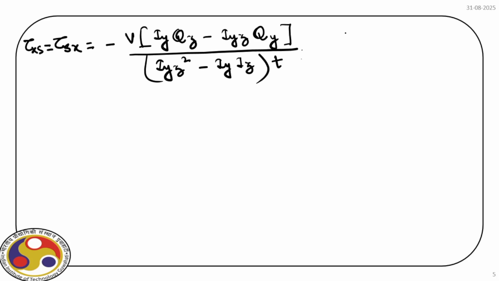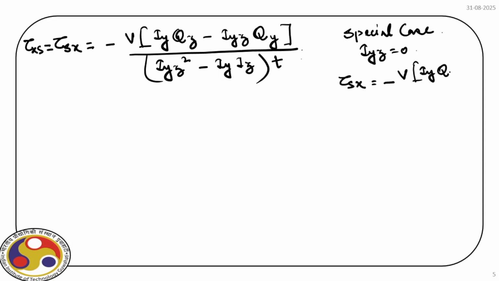Now, as a special case, if we put Iyz equal to 0, that is the section is symmetric, then we have tau Sx is equal to minus V, then within the bracket we'll have Iyz 0, so we'll have Iy times Qz divided by minus of Iy Iz times t.